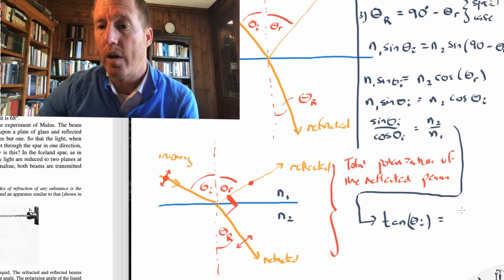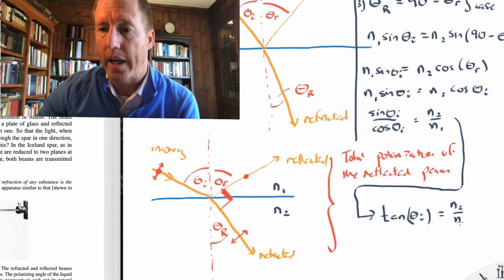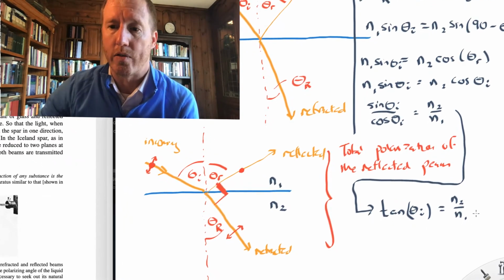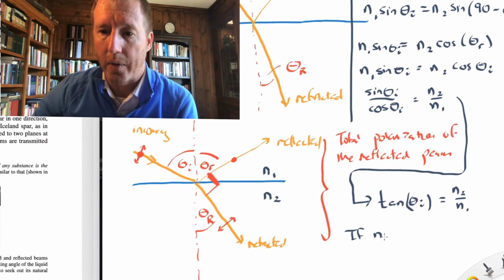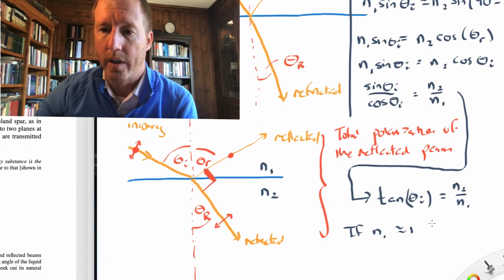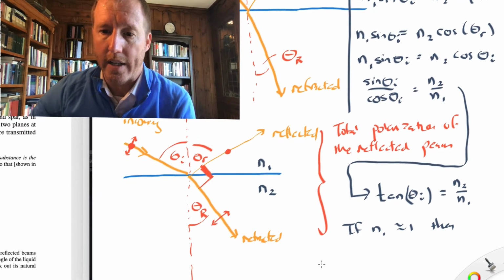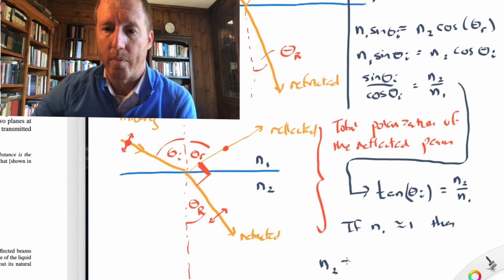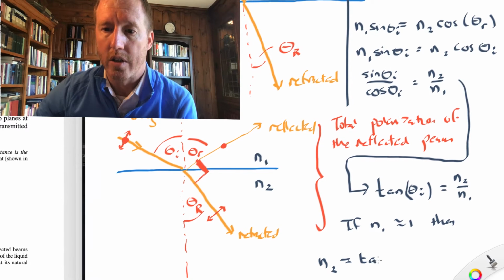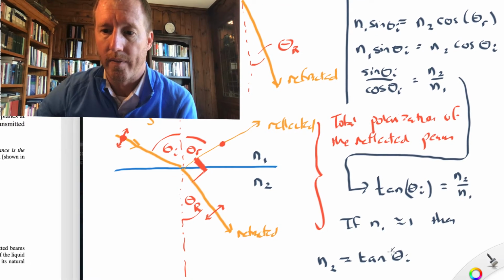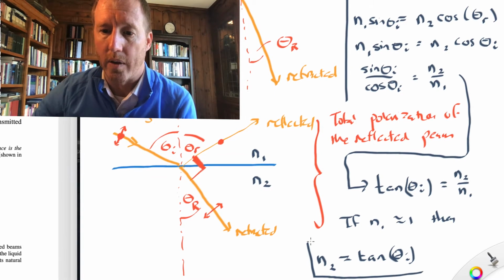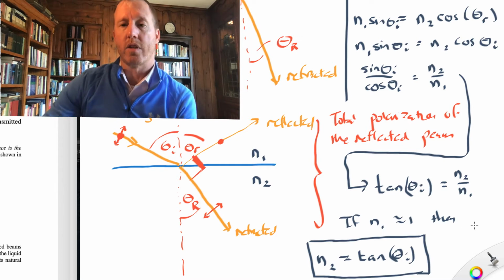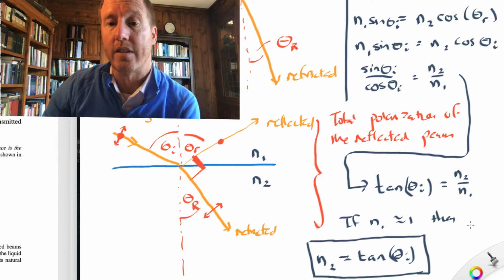And if n1 happens to be air, it's coming out of air, which has a refractive index of about 1, then, so if n1 is about equal to 1, then we have that n2, the refractive index of the medium, is equal to the tangent of the incidence angle. Okay, so this is an important formula because it provides a way of finding the refractive index of a material by looking at the reflected ray.